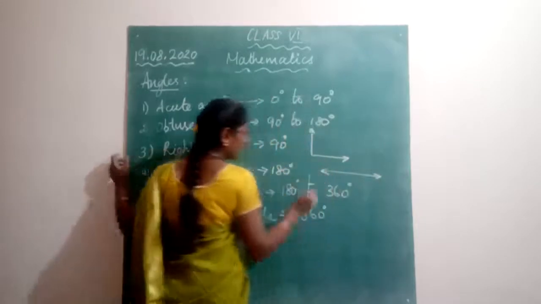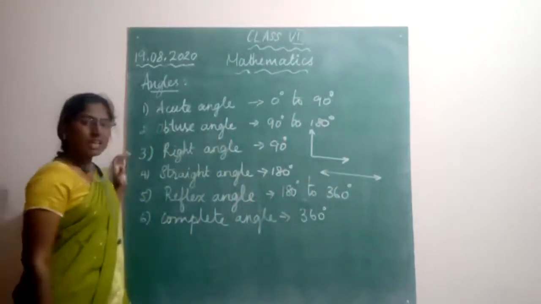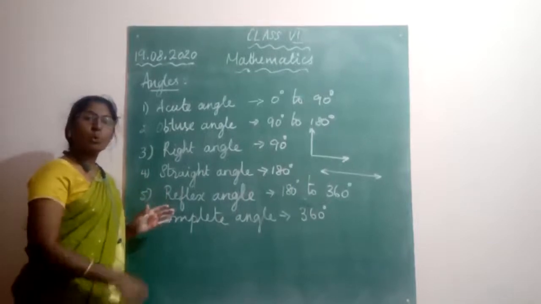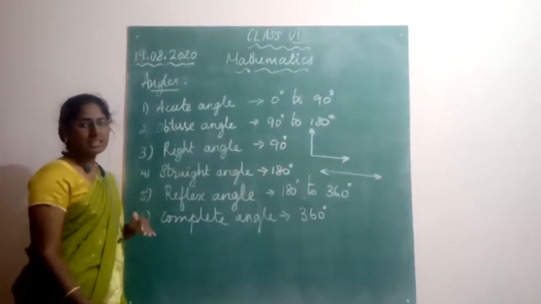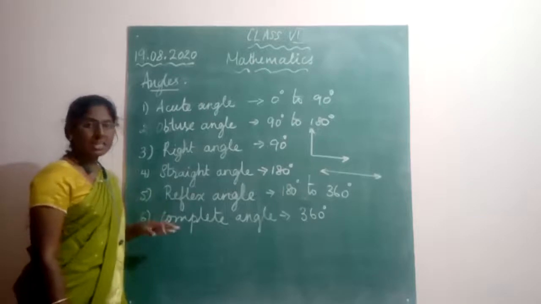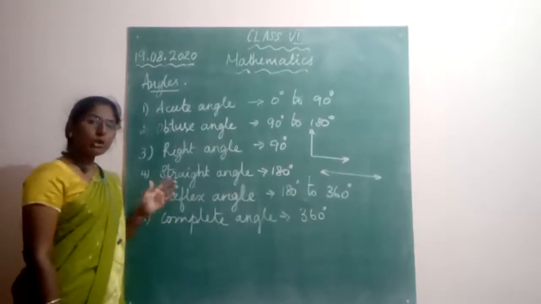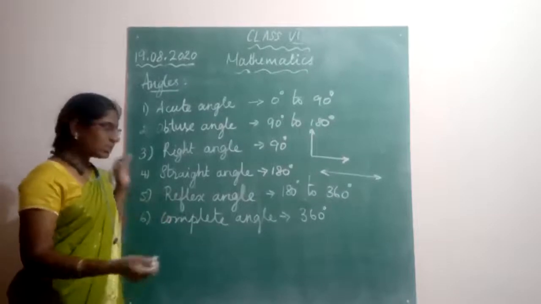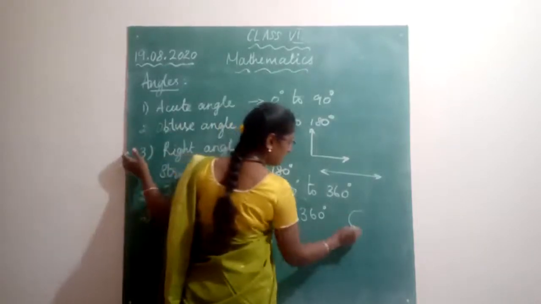Okay, then what is a reflex angle? A reflex angle is nothing but any angle which measures more than 180 but less than 360, because 360 is complete angle. Okay, we cannot go beyond 360. Okay, if you go beyond 360, actually by 360 you will complete one circle.